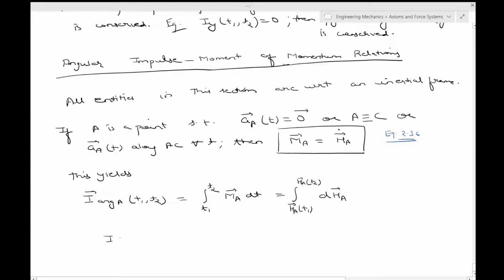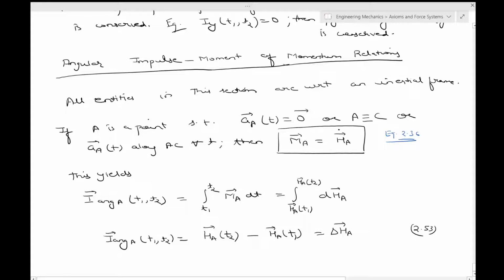So I angular of A t1 t2 is equal to H_A of t2 minus, as a vector, H_A of t1, that is delta H_A. Okay, 2.53.